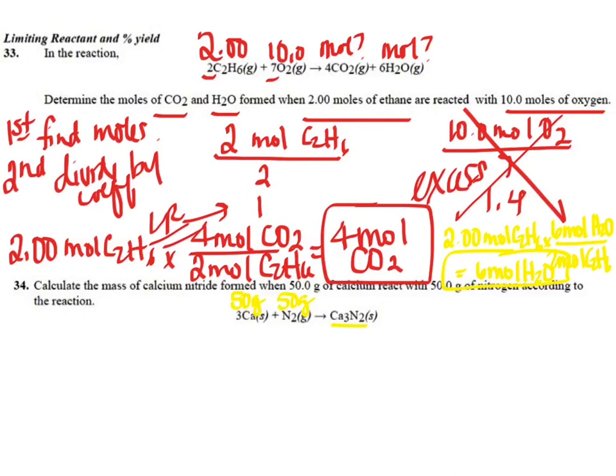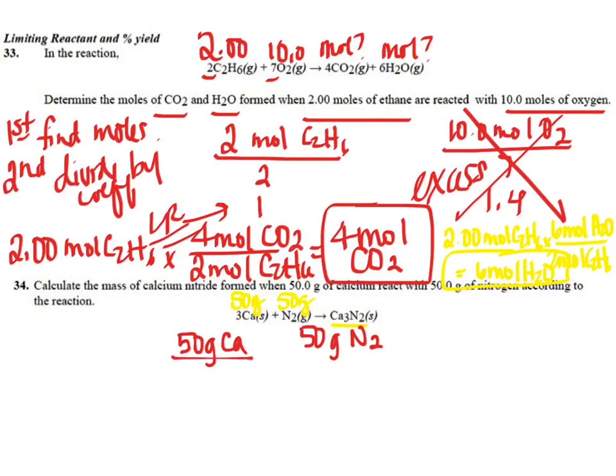So the first thing we need to do is find the number of moles. So if we have 50 grams of calcium and 50 grams of nitrogen, they're in grams, and we need to find moles.